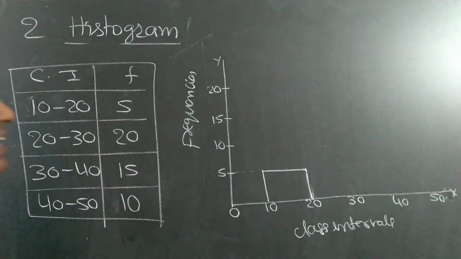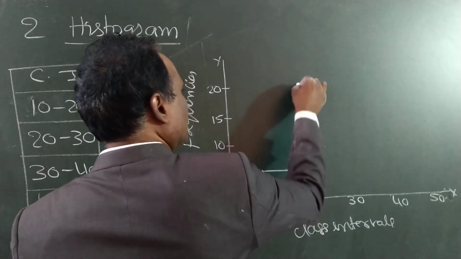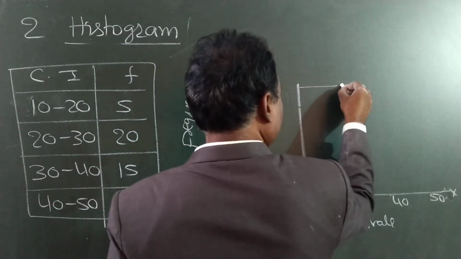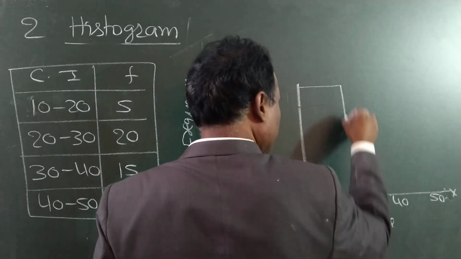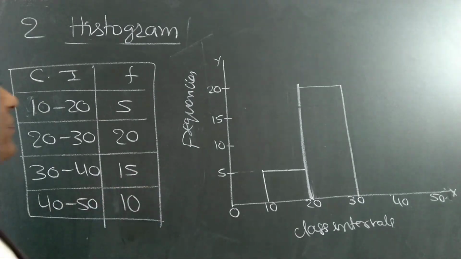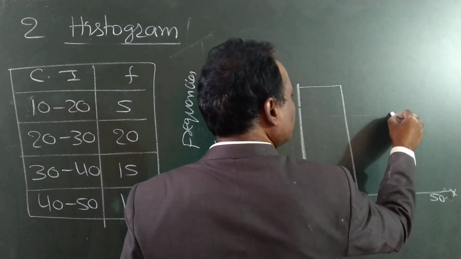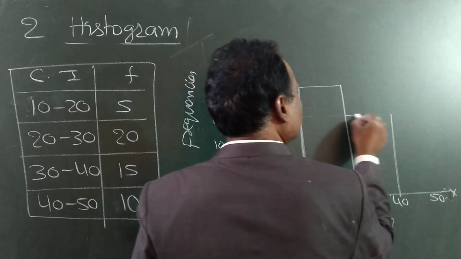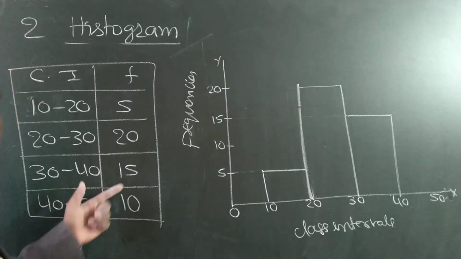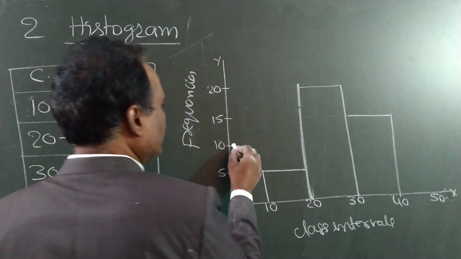Twenty to 30, up to 20. 30 to 40, 15. 40 to 50, 10.